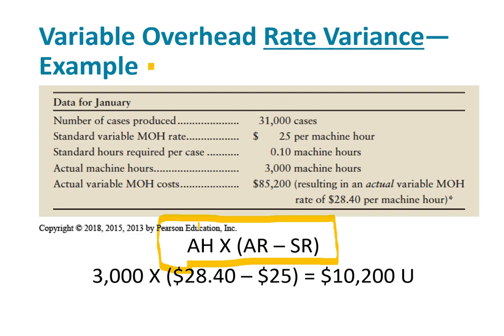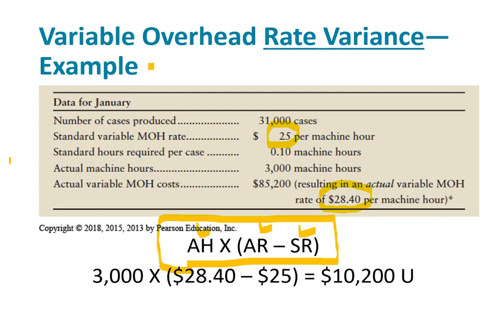We're going to do the actual hours times the difference between the actual rate, and you'll see the actual rate a lot of times is given in the extra little footnote stuff, and the standard rate. Of course, we know the standard rate came from our cost card that we did before we started this whole thing.